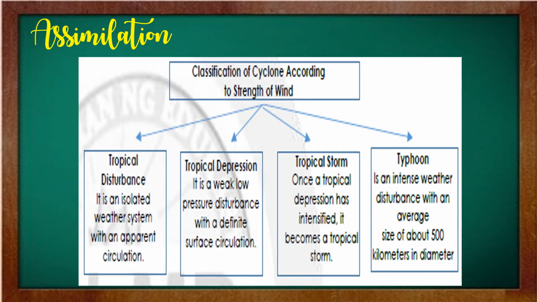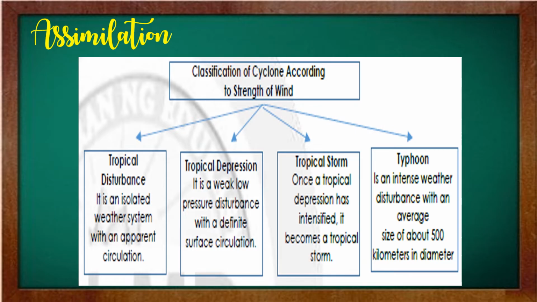So class, these are the classifications of cyclones according to the strength of the wind. We have here four: the tropical disturbance, tropical depression, tropical storm, and the typhoon. The tropical disturbance is an isolated weather system with an apparent circulation.